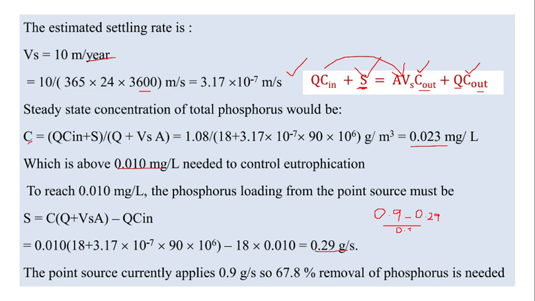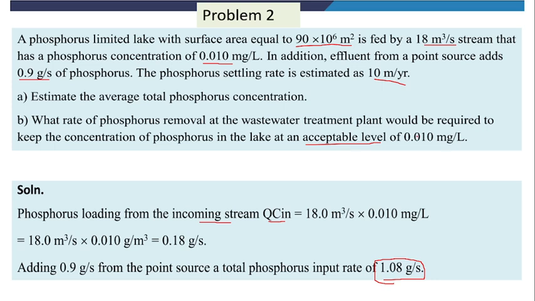Then you will get the percentage, which is 67.8 percent. So 67.8 percent phosphorus removal is needed. What happens is, if you remove phosphorus at the rate of 67.8 percent in the wastewater treatment plant, then the phosphorus concentration in the outlet can be maintained at 0.01, which is the acceptable level as mentioned in the question.